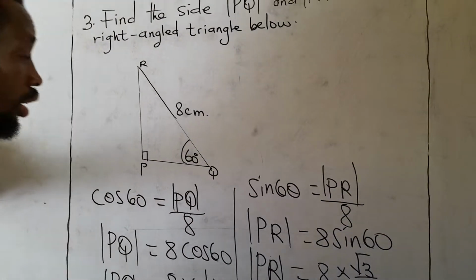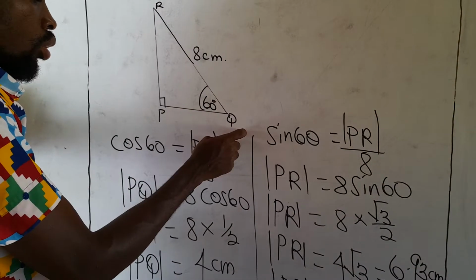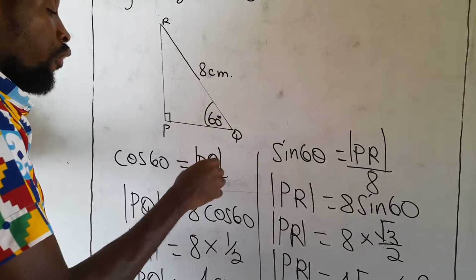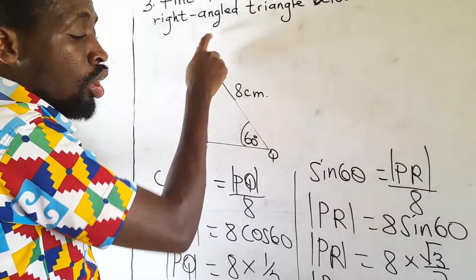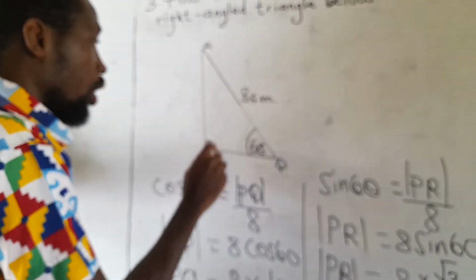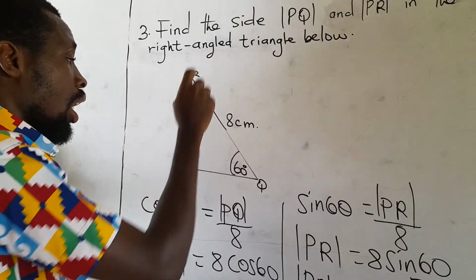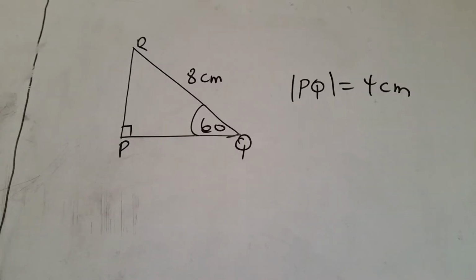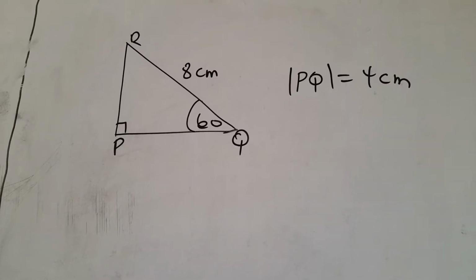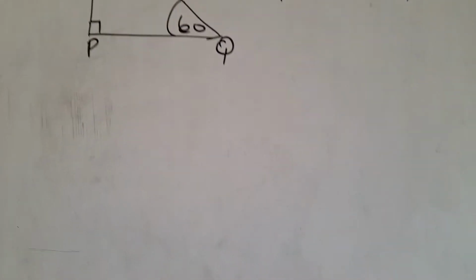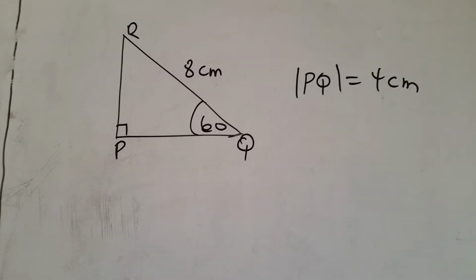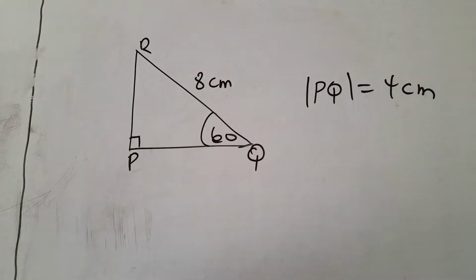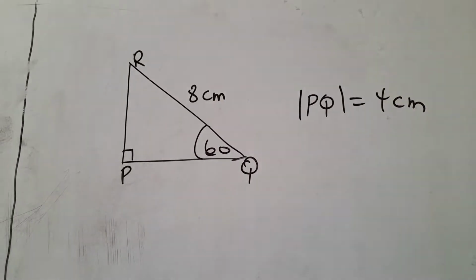Alternatively, since we know the side PQ, we can use Pythagoras theorem to find PR. So let's try to use Pythagoras theorem to find the side PR. Since we know PQ to be 4 centimeters, we can find PR.